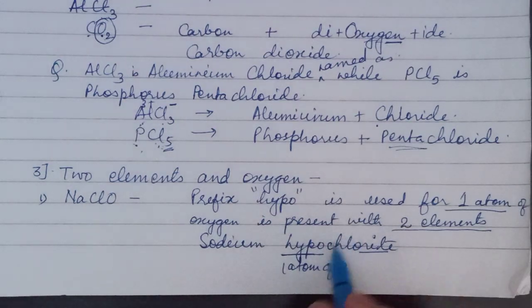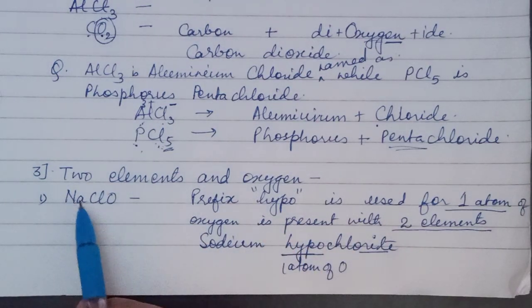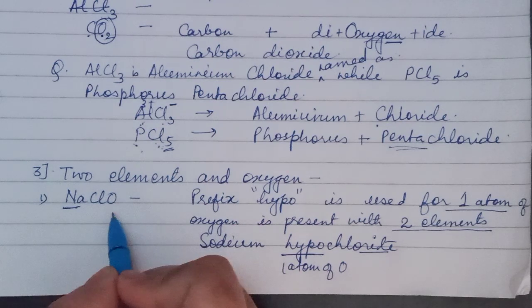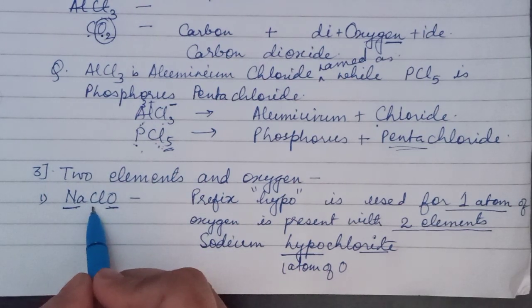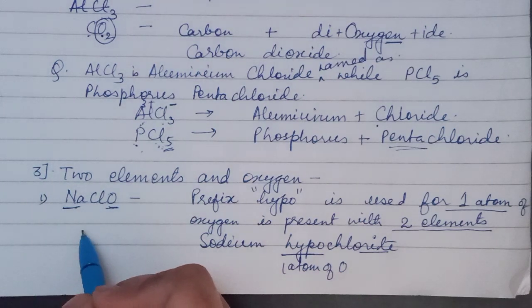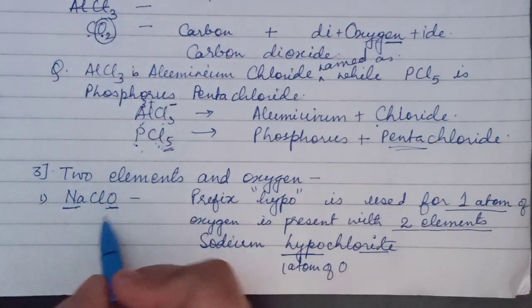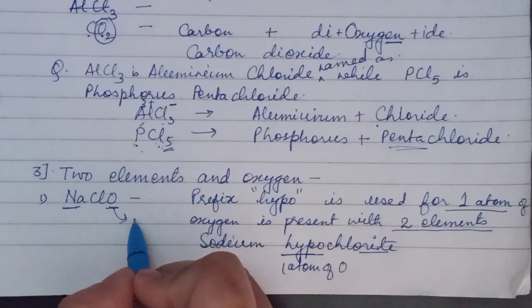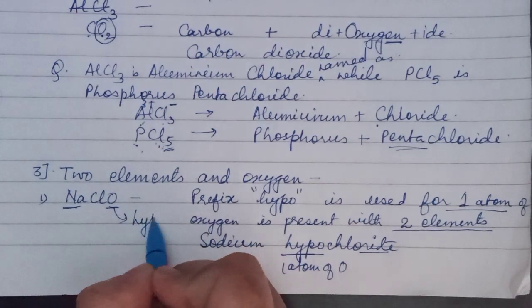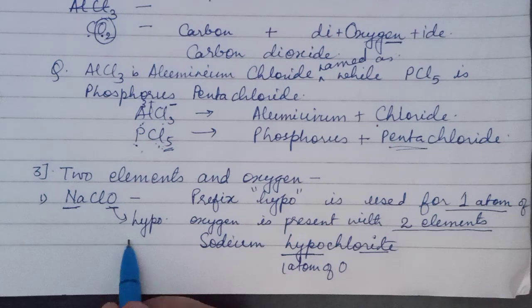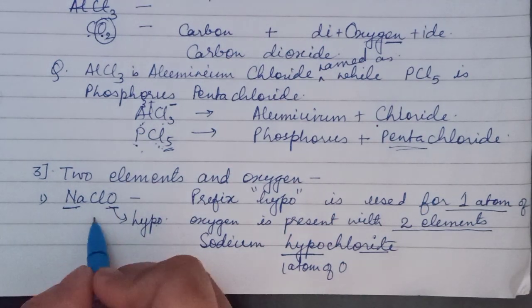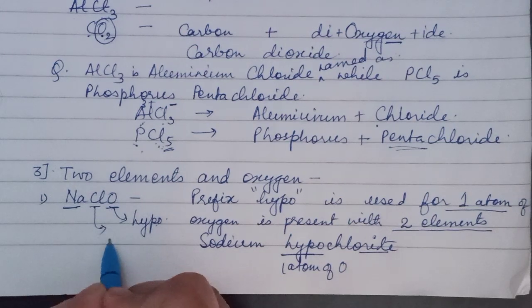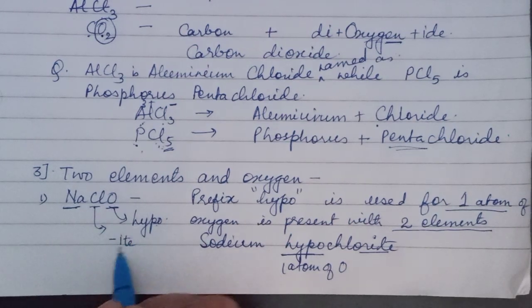So the name will be sodium hypo for oxygen and chlorite, ITE, for the chlorine atom. Clear to you all? For this oxygen you will not write oxide, you will write hypo. Sodium will remain the same, hypo will be for oxygen, and chlorine will end with ITE.